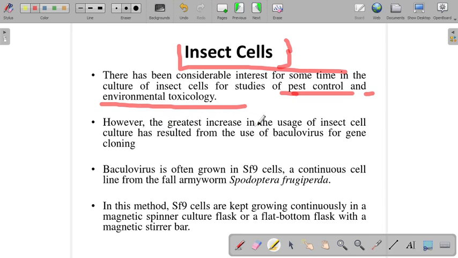However, the greatest increase in the usage of insect cell culture has resulted from the use of baculovirus gene cloning. Baculovirus is a type of virus which infects plant cells, right?